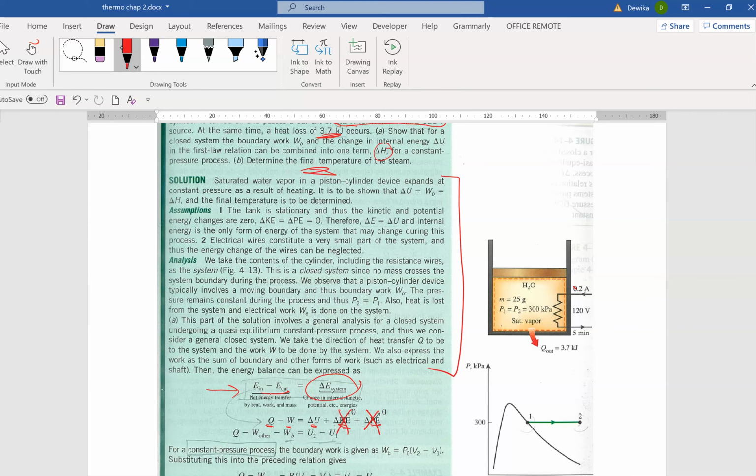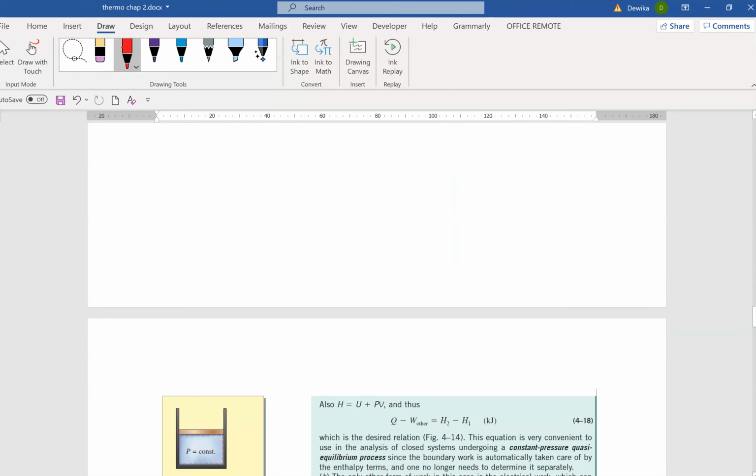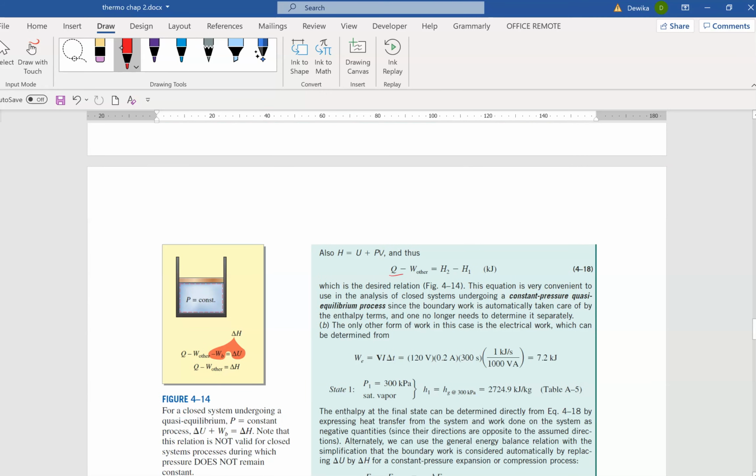You remember the previous formula, we actually break this work into work other and work boundary. Bring your work boundary over to this side. So what do you get? You can expand it, and you remember earlier, you expand it and you can cancel it. Okay, leaving you with this formula, which is Q minus work other equals delta H. Now you need to find what is the work other and what are the other elements that you need to fit in.